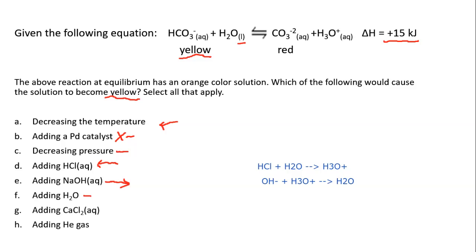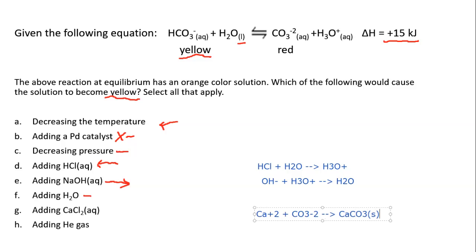Finally, we have calcium chloride, and we have to look at this because it forms another indirect reaction. From calcium chloride, the calcium 2+ reacts with carbonate, 2-, to form calcium carbonate, which precipitates out.